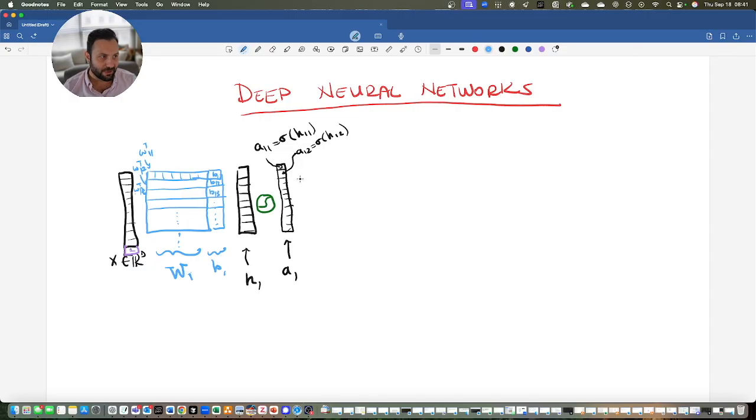All right, so that was my layer number one. Layer number two is similarly another matrix, and this matrix will have as many rows as I want its neuron activations to be. Similarly, I will append this one with 1, too. Therefore, if I want, I can have a different set of biases. So I will call this W2, and this will be my B2.